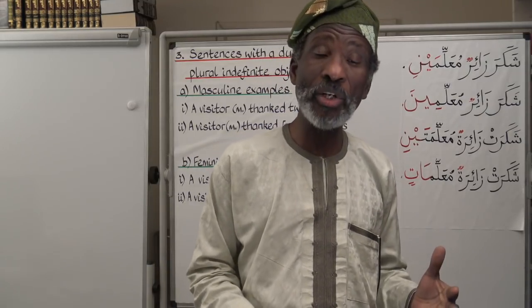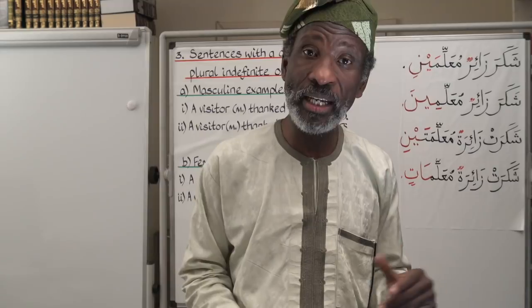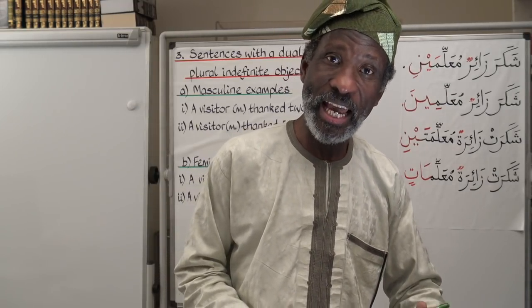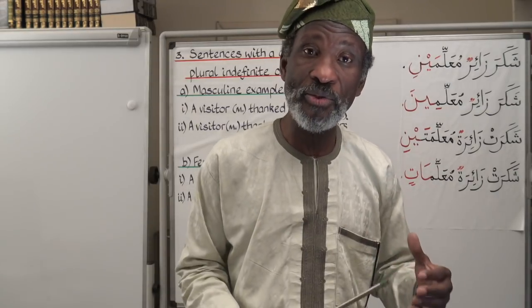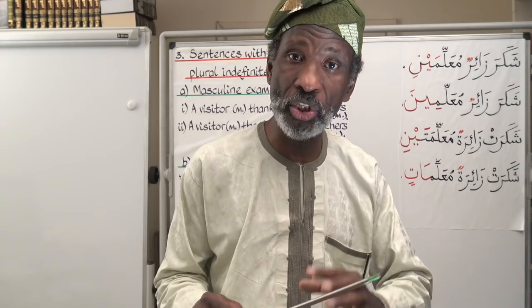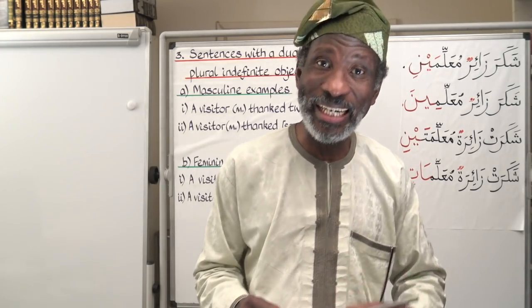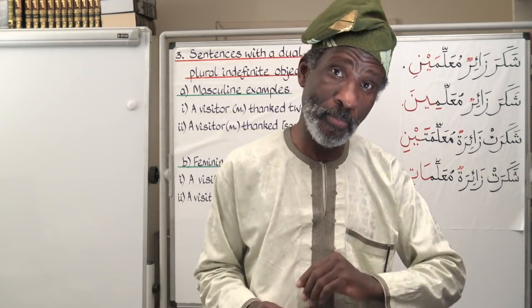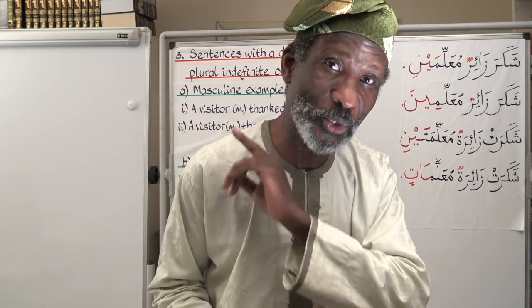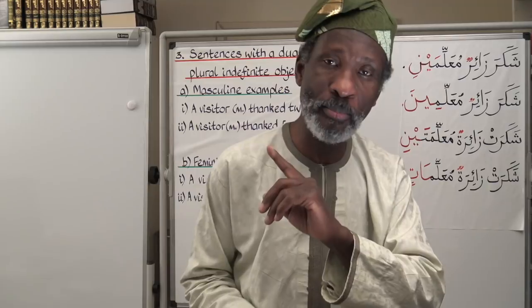And that's why I mentioned before, one of the unique things about Arabic is you may move the subject and object from their original position, you will still be able to track them. You will still be able to identify who is doing what to whom.